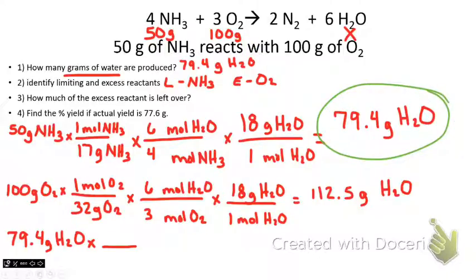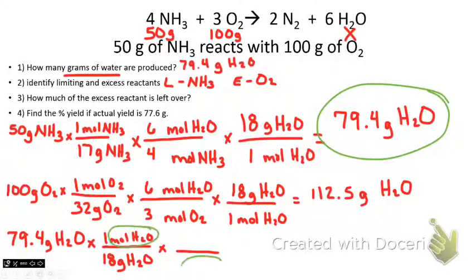So first thing I'm going to do is convert to moles. That's pretty simple. Water has a molar mass of 18, so 1 mole of water goes up top. Now I got to look at my mole ratios.